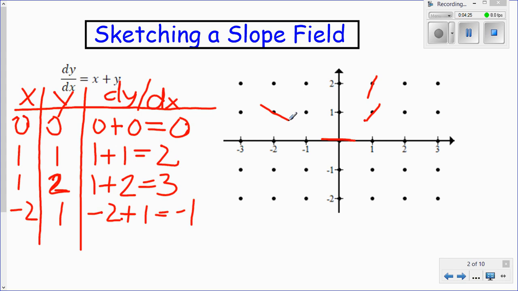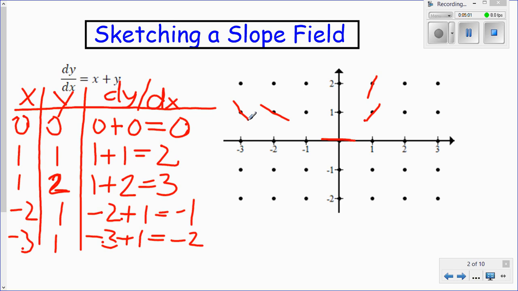If we kept going, let's go to (-3, 1). If I add -3 plus 1, I get -2. So at (-3, 1), I want to draw a tangent line that has a slope of -2. So maybe something like this. Again, it has a negative slope but is steeper than the tangent line that I just drew at the point (-2, 1).